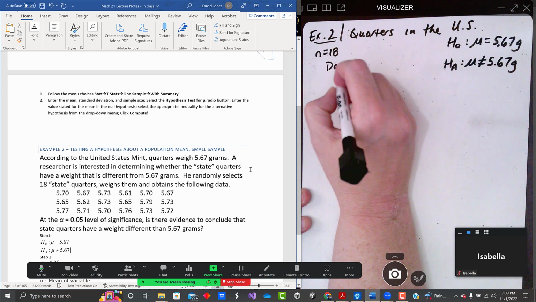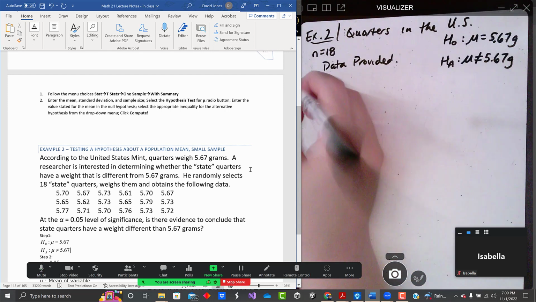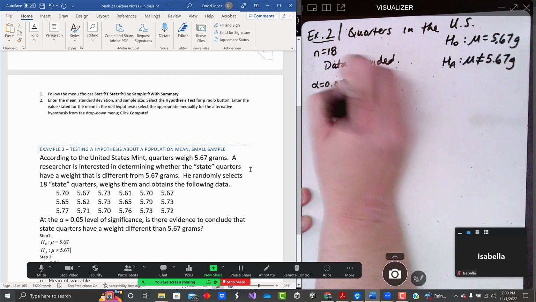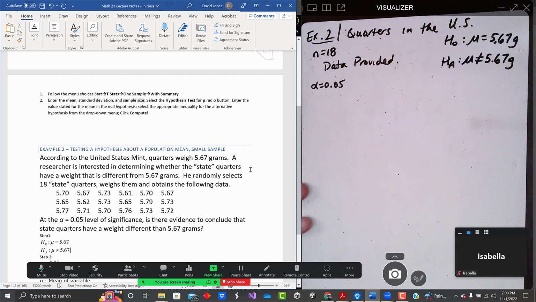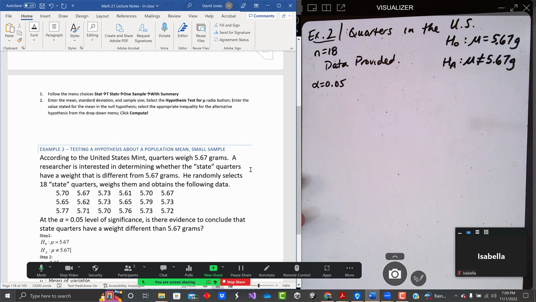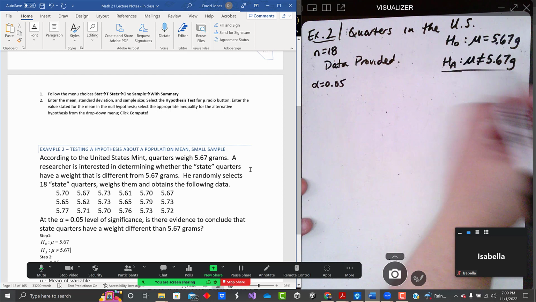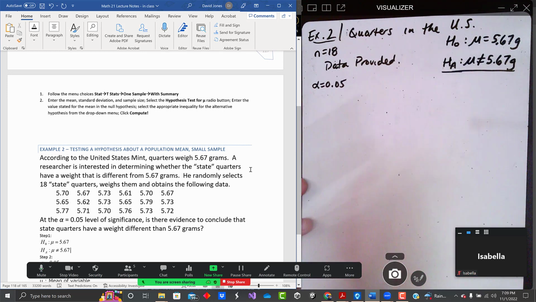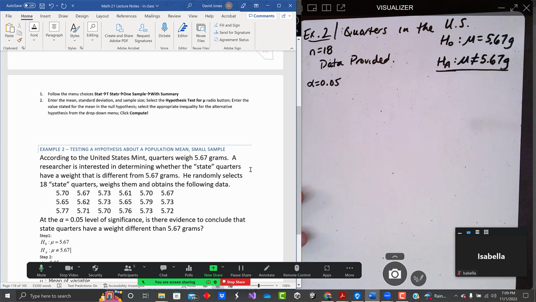Data provided. At alpha equals 0.05 level of significance, is there evidence to conclude that the state quarters have a weight that's different than 5.67? That matches up with what I was saying right there. Not equal to or different would be not equal to. So remember, H naught always has the equal sign in it. HA has a different symbol. That is an inequality.